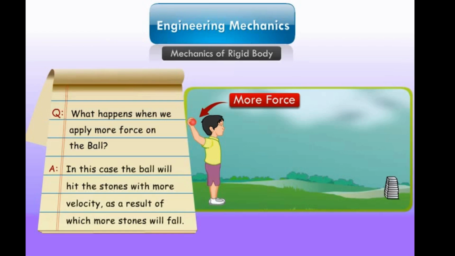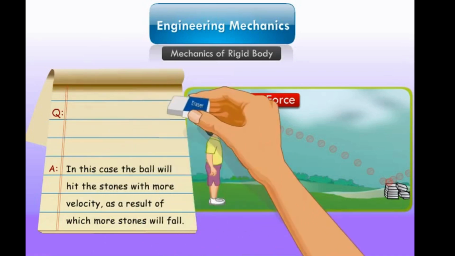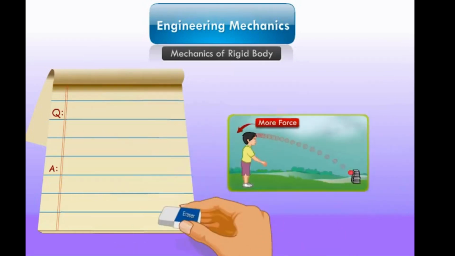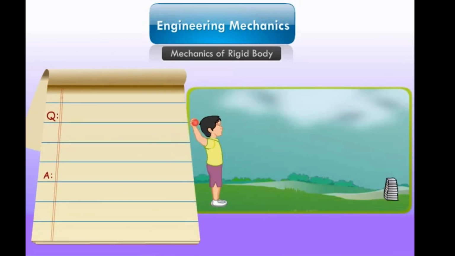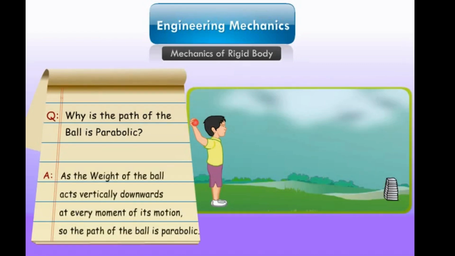Answer. In this case, the ball will hit the stones with more velocity, as a result of which more stones will fall. Question. Why is the path of the ball parabolic? Answer. It is because of the fact that the weight of the ball acts vertically downwards at every moment of its motion.